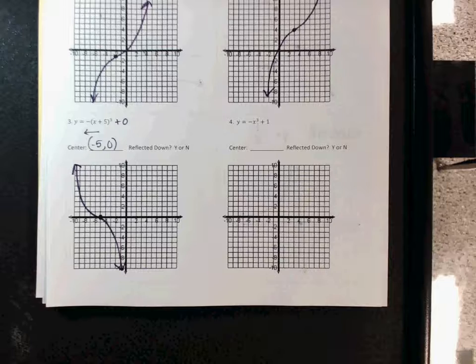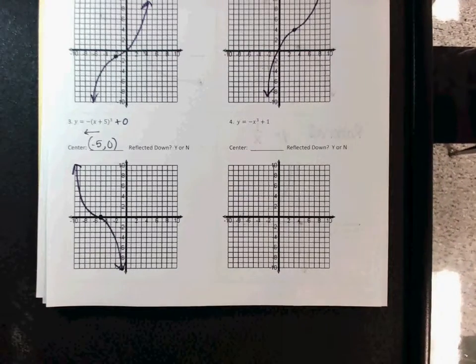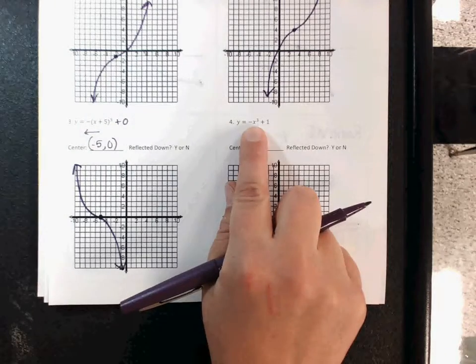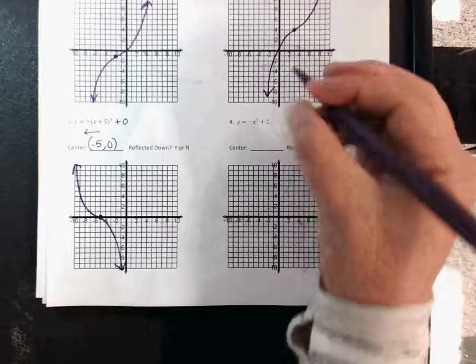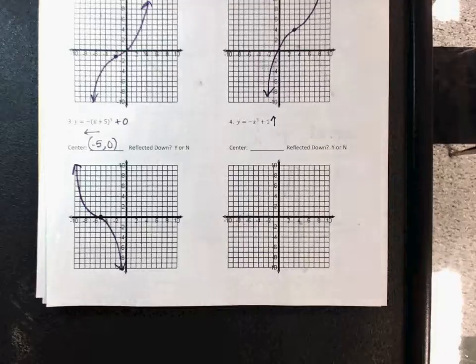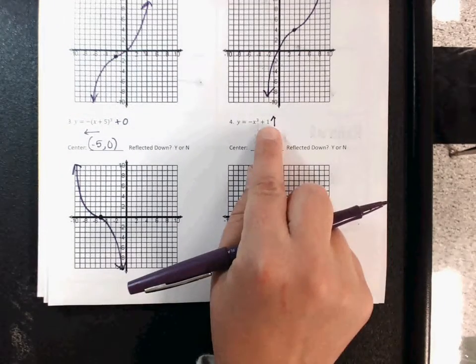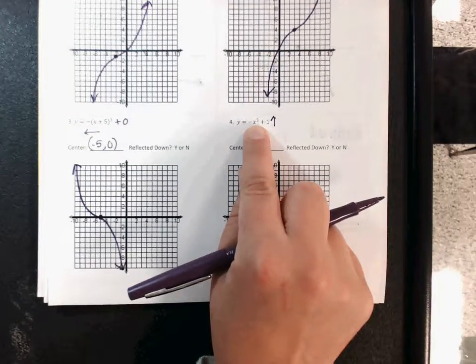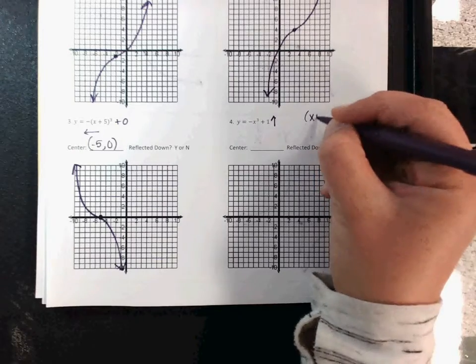Oh, no, there are no ugly squiggles. Okay, we want to do 4. Where would we shift this one? How? With the plus 1? To the left. Which way am I going to go 1 though? Okay, I'm going to go to the side 0 and then up 1. Now here's how you know. Is the 1 with the x? No. What about if it was like this?